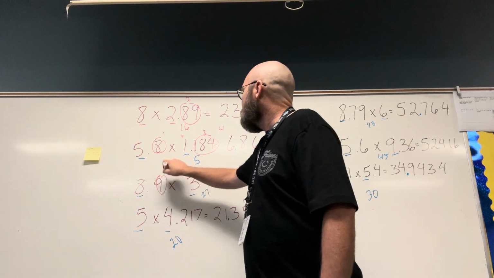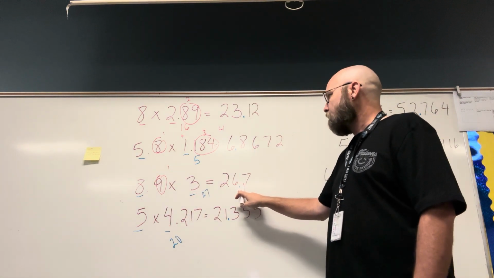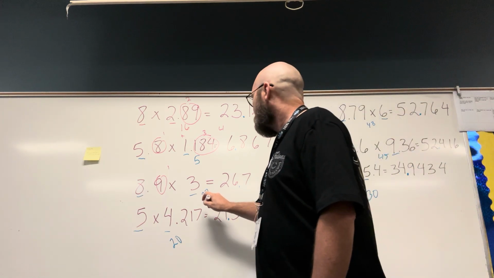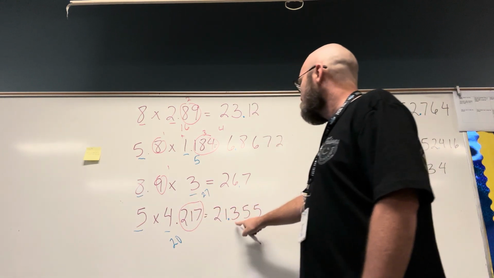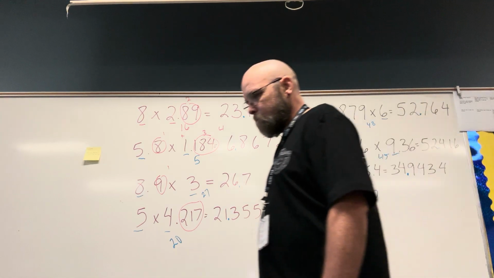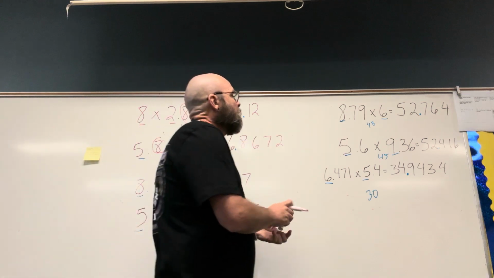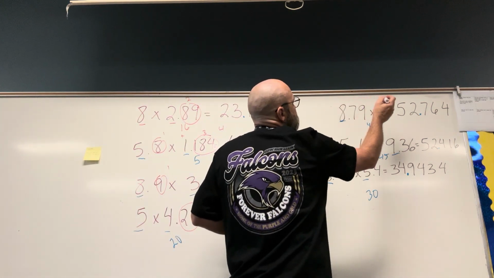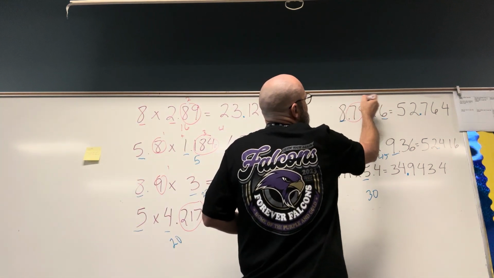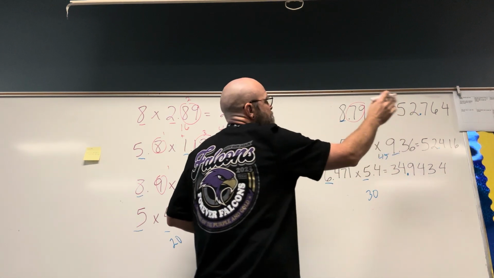Here, we only have 1 number behind the decimal point, so there has to be 1 number behind the decimal point. Here, we have 3 numbers behind the decimal point, so there has to be 3 numbers behind the decimal point in my product. Here, we have 2 numbers behind the decimal point, and I must have written that wrong.